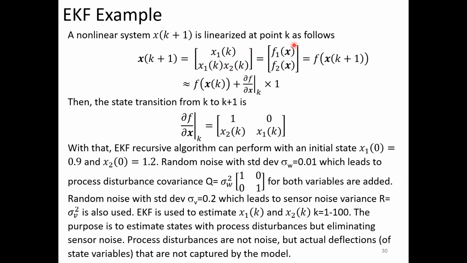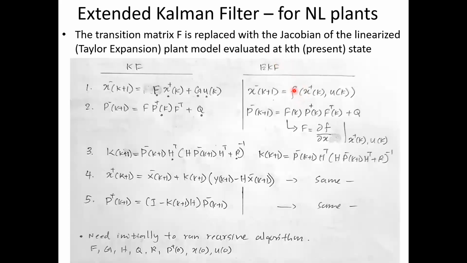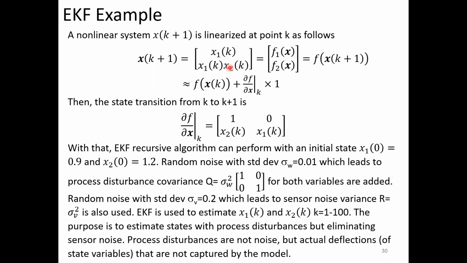So we write these two equations, f1x, f2x, because this f is a general function, not a linear separable model like this. Because now you have x1 and x2 multiplying each other. You don't have x1, x2 multiplying in a linear model. So we can just write this as a function of x at k plus 1.